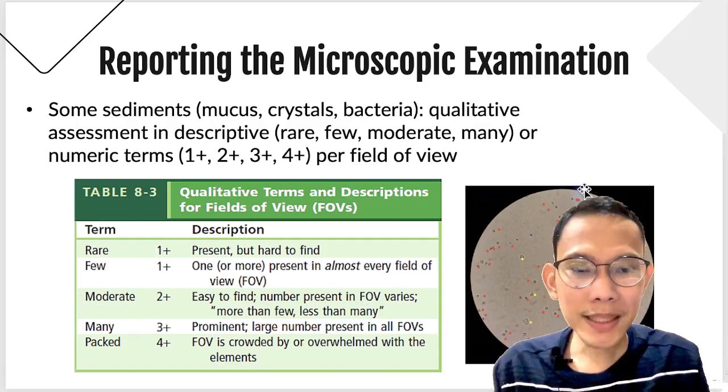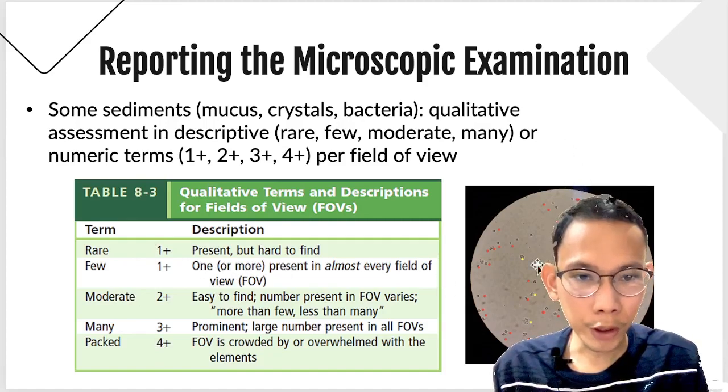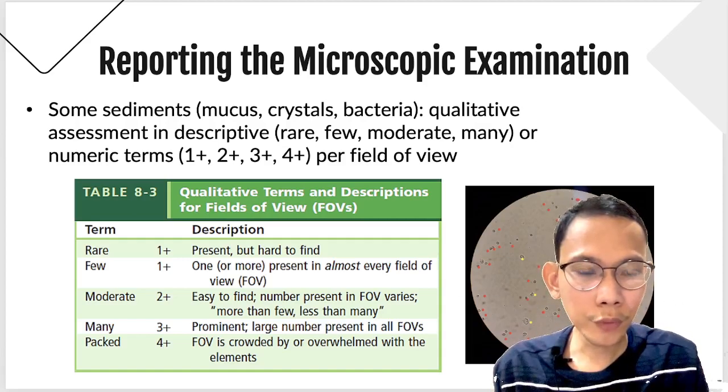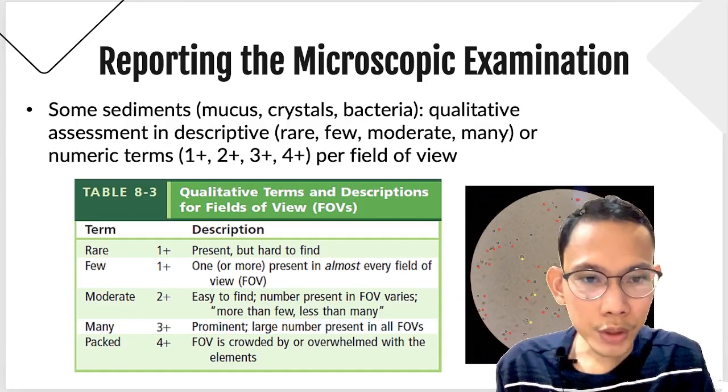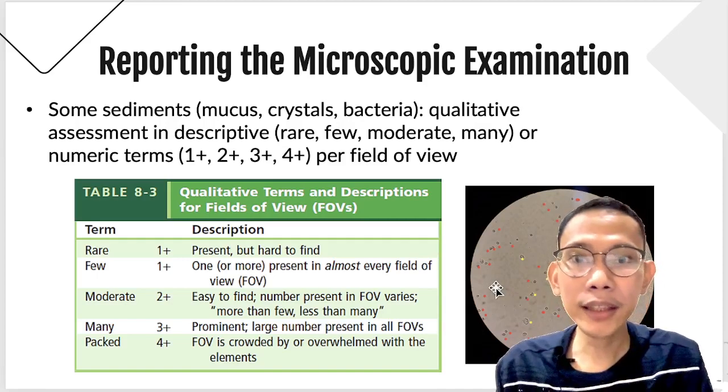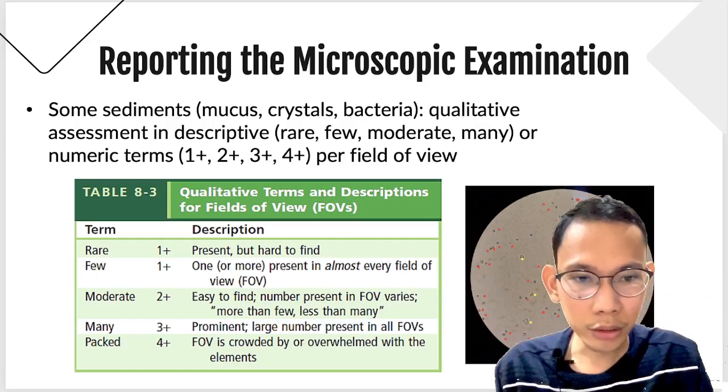He said we divide the field into 4 quadrants. You make a cross, and that divides it into quadrant 1, quadrant 2, quadrant 3, and quadrant 4.